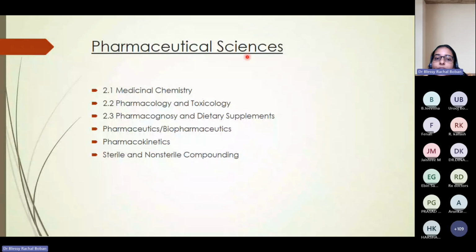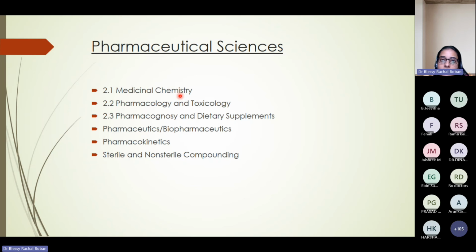And related to pharmaceutical sciences, you can expect medicinal chemistry. This is a nightmare for most students these days. I have already told you the DHA pattern changed from April 2023. I understand that medicinal chemistry questions will be only 10 to 15 percent, organic chemistry and medicinal chemistry related questions, specifying structures.